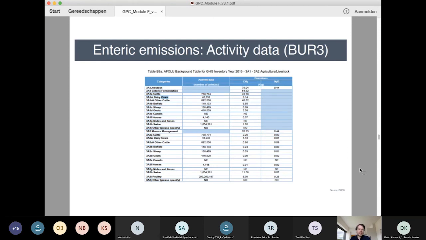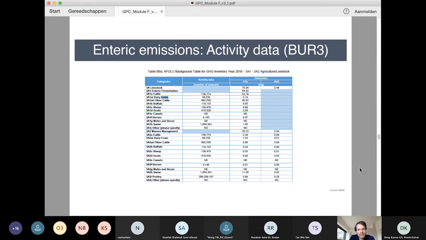Okay, so we can find activity data in Table 3, which actually lists the number of animals in Malaysia in that second column. You have the activity data. So we have over 700,000 cattle in Malaysia, 46,000 dairy cows, etc., and 4,000 horses, for example. So this data is very useful.